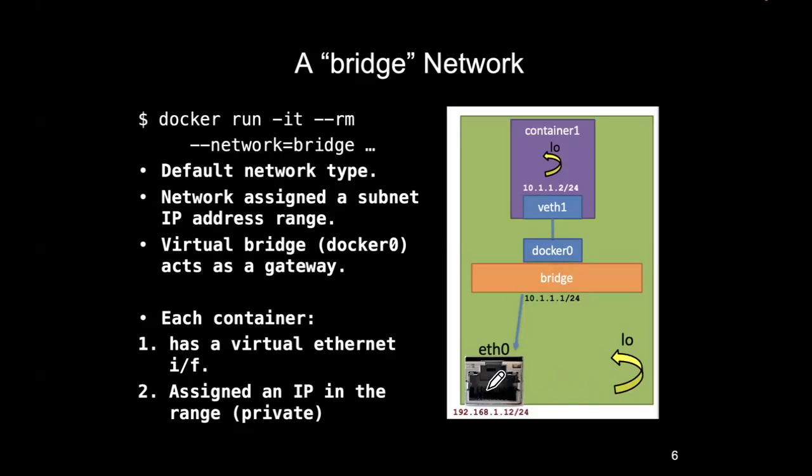The host is connected to the network presumably, so it has an Ethernet card and an IP address. By the way, our container up here also gets a virtual Ethernet connection, because once any component is assigned an IP address, it must have an Ethernet device, be it virtual or real, associated with it as well.